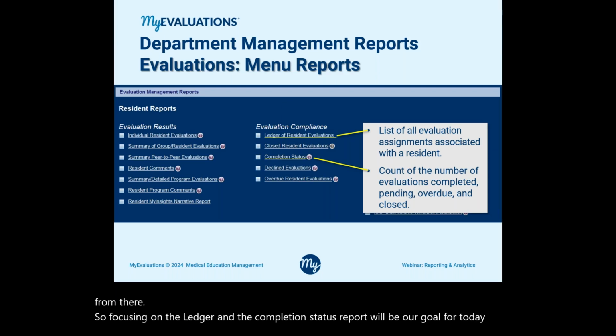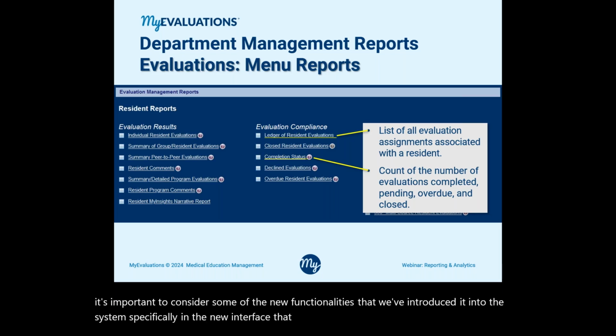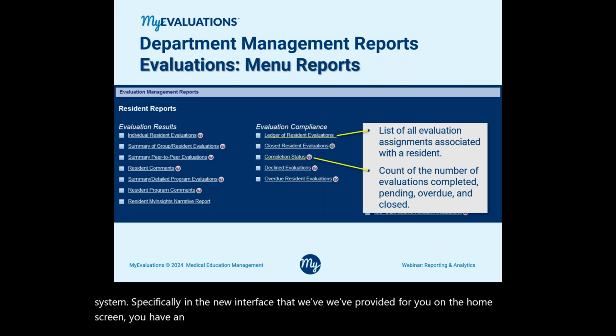Now, it's important to consider some of the new functionalities that we've introduced into the system. Specifically, in the new interface that we've provided for you on the home screen, you have an entire performance dashboard that's also accessible to you, and that performance dashboard is expanding every week.